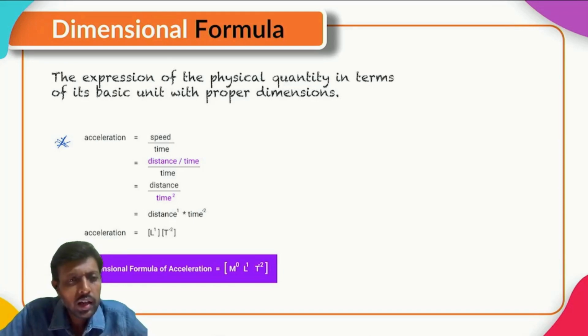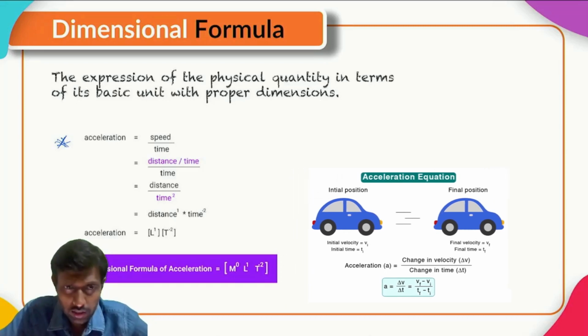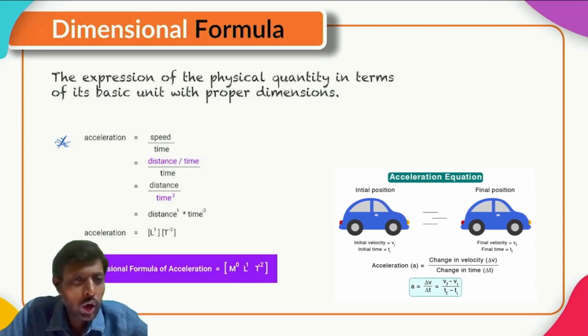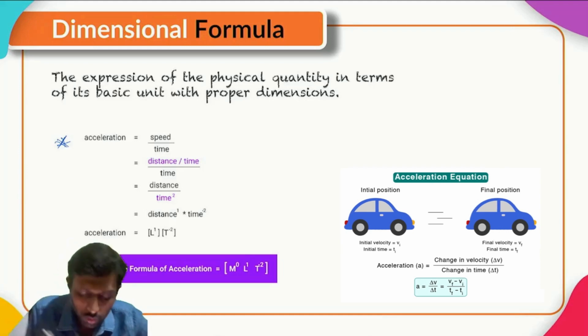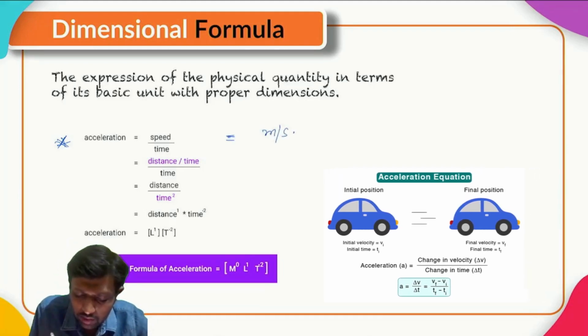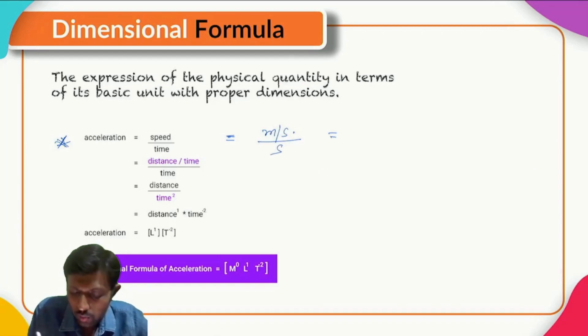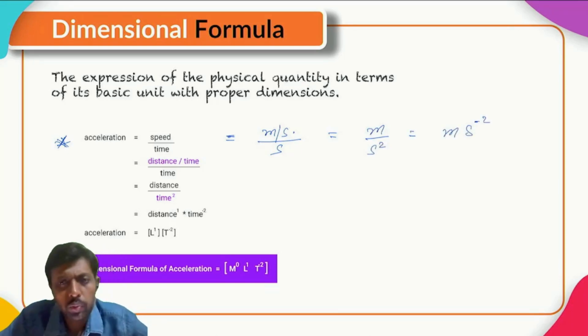First, let's write the unit of acceleration. Acceleration is given by rate of change of velocity, or velocity upon time. The unit would be the unit of velocity, which is meter per second, upon the unit of time, which is second once more. So meter per second square, or meter second to the power -2.